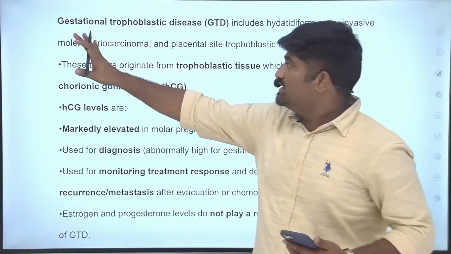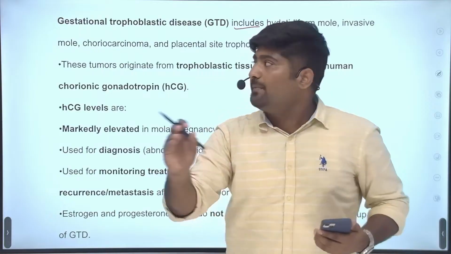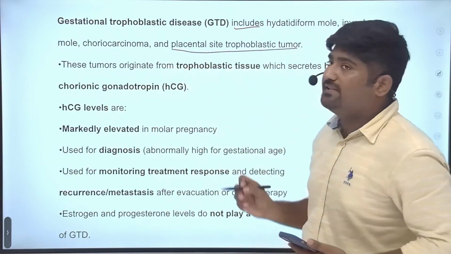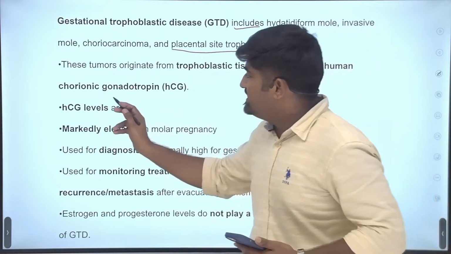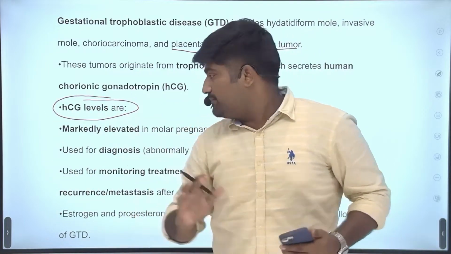Gestational trophoblastic disease includes the hydatidiform mole, choriocarcinoma, and placental site trophoblastic tumor. HCG levels are most commonly assessed regarding this, not estrogen, not progesterone or anything.